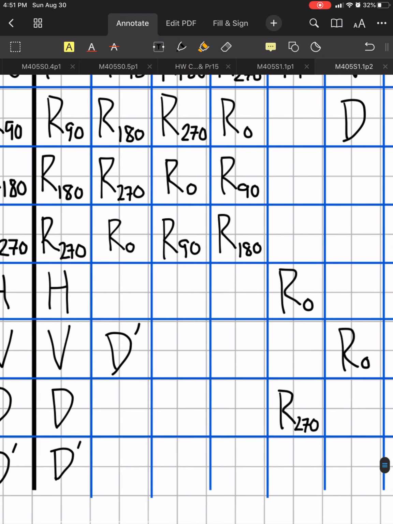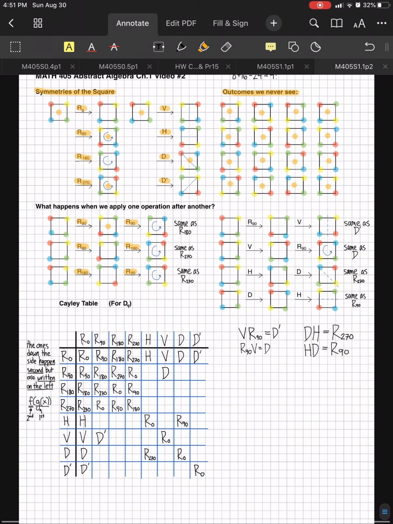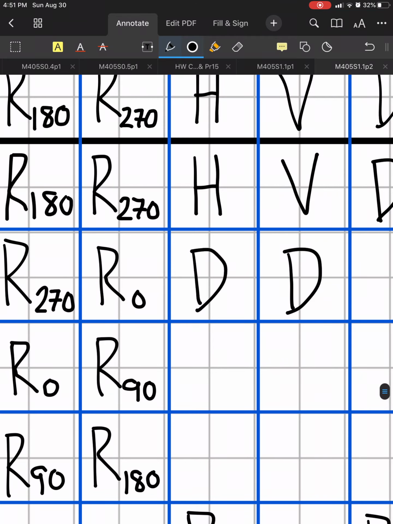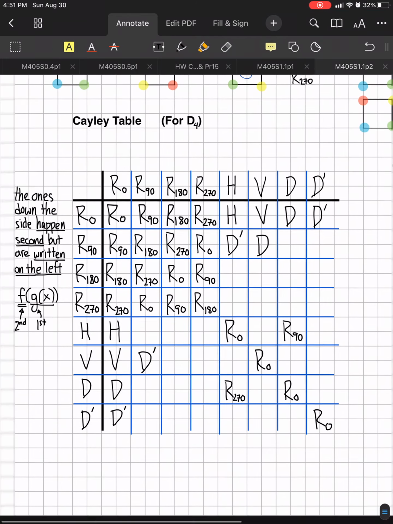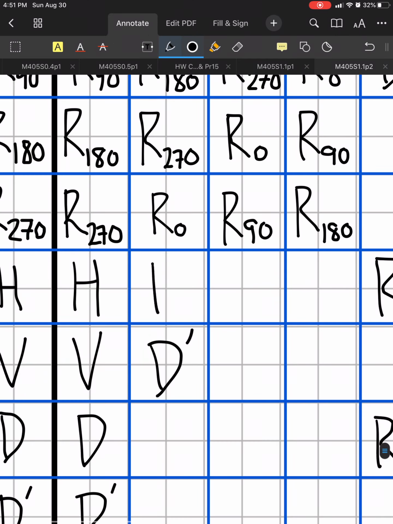So H followed by a 90-degree rotation is, did I make a mistake here? Yeah, I did. Where did I make the mistake? Oh, in the order I'm writing them. Okay, that's right. So H followed by a 90-degree rotation is D prime. That's fine. That goes here. Likewise, if we do the 90-degree rotation first and then H, we get a D there.